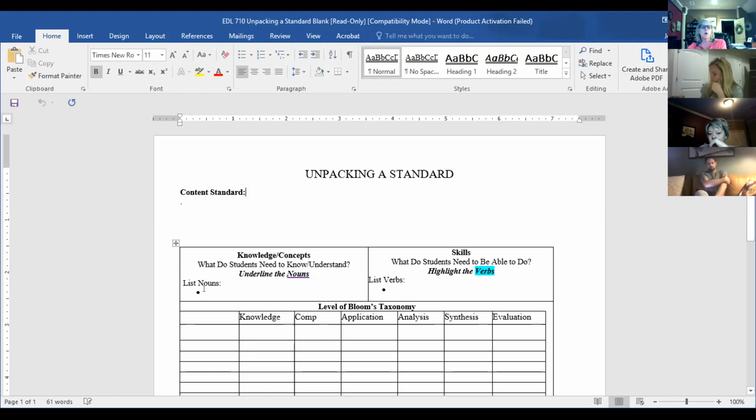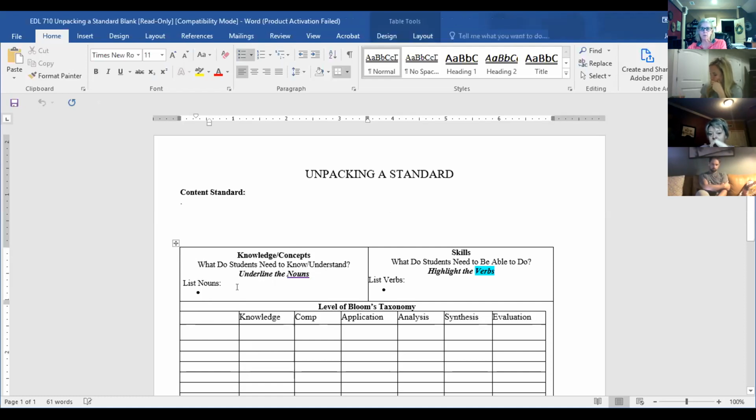So you're going to first go through and look at your standard and underline the nouns in the standard, and then highlight the verbs. Then you're going to come back over here and list the nouns, and then list the verbs. Then based on your core compacting of this standard, the nouns and the verbs, you're going to decide where this falls on Bloom's taxonomy.